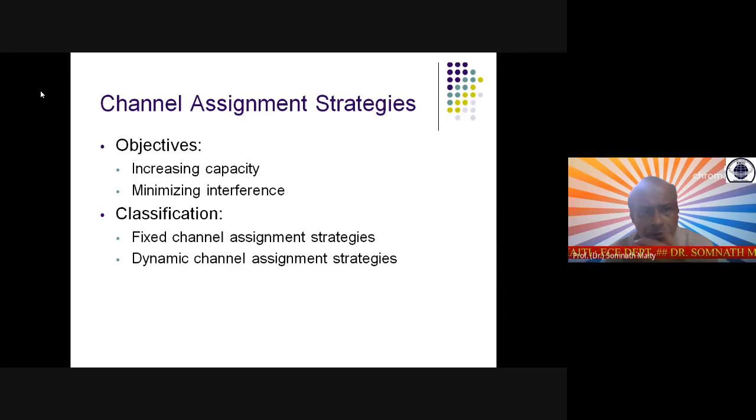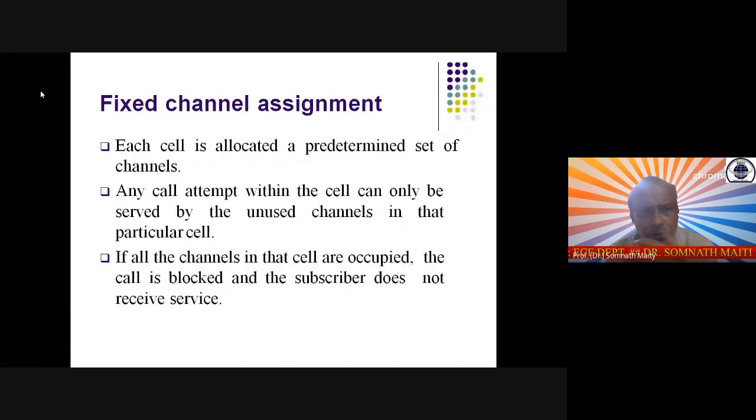Now, what is fixed channel assignment? Each cell is allocated a predetermined set of channels. Any call attempt within the cell can only be served by the unused channels in that particular cell. Supposing there are 10 channels allocated to a particular cell.